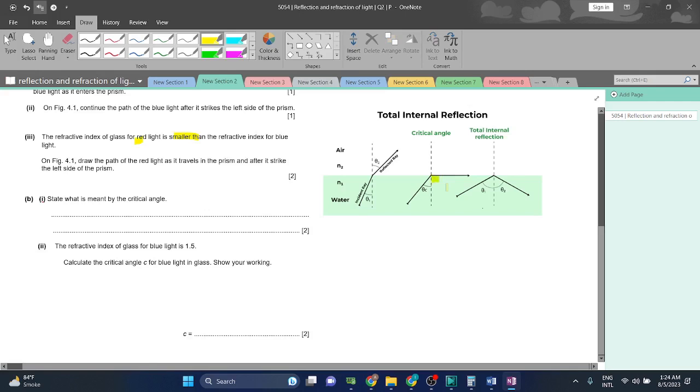The angle of incidence in denser medium is called the critical angle. This is the critical angle. जब refracted angle जो है that becomes 90 degrees to the normal, the angle of incident becomes the critical angle.